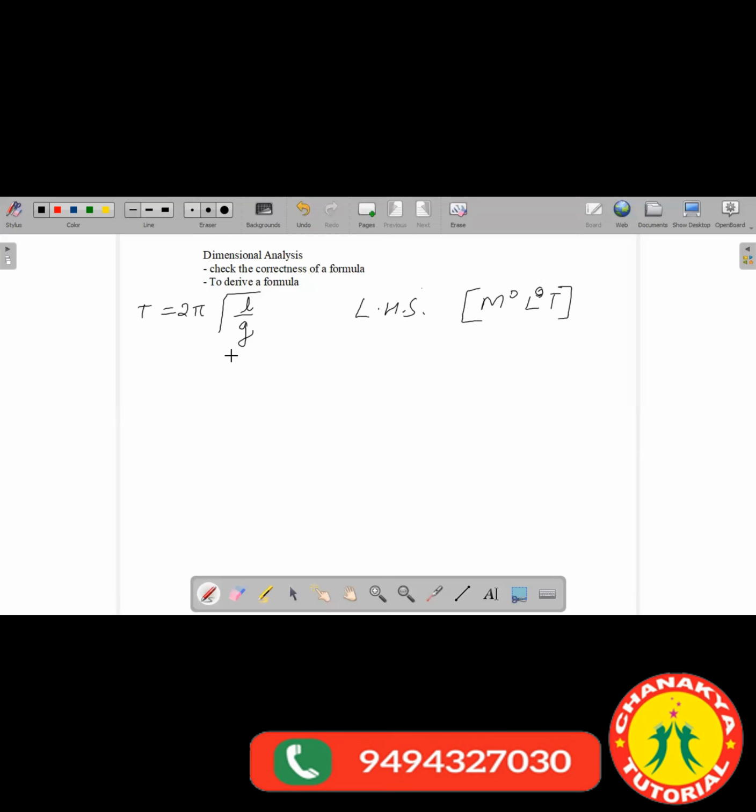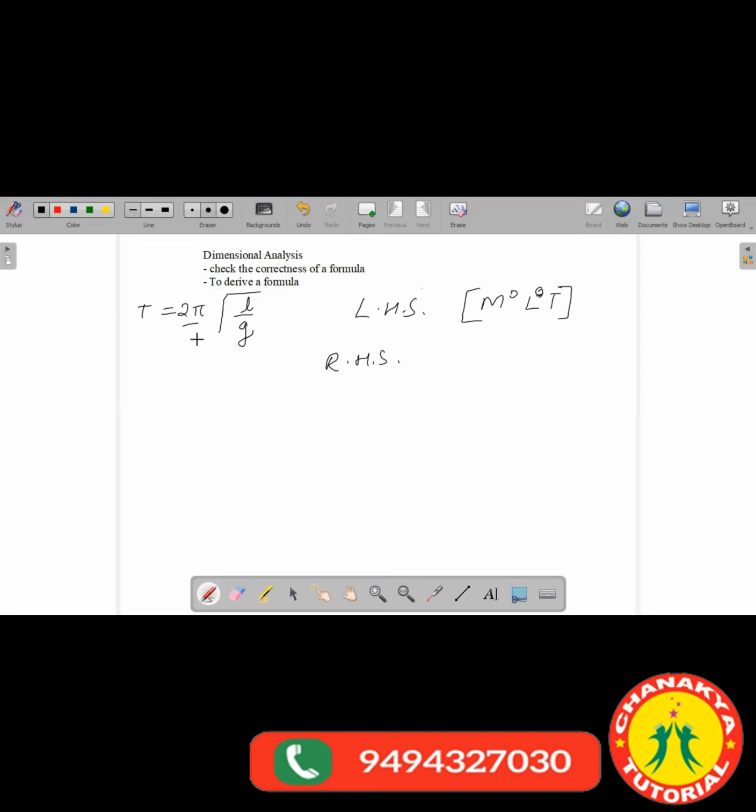On the right hand side, 2 pi is a constant and it does not have any dimensions. It does not mean that constants do not have dimensions. There are certain constants which do have dimensions, but 2 pi is a constant without any dimensions.